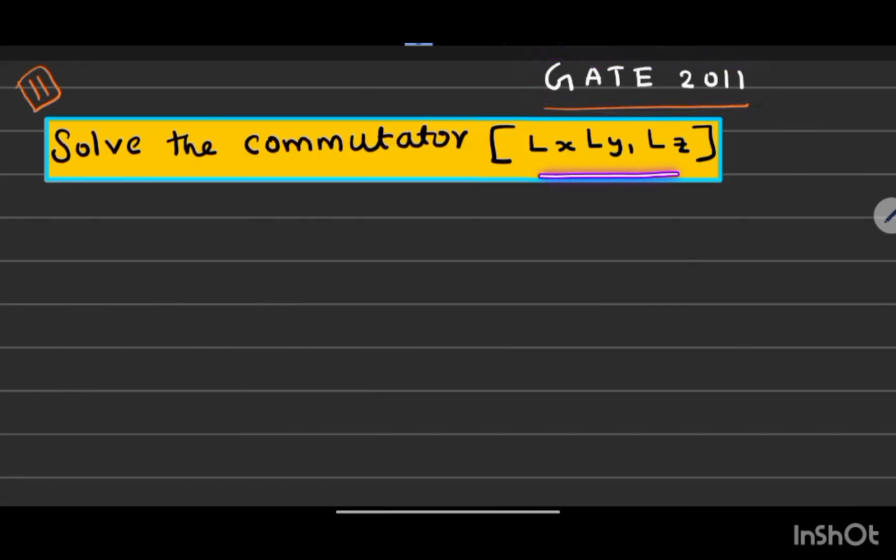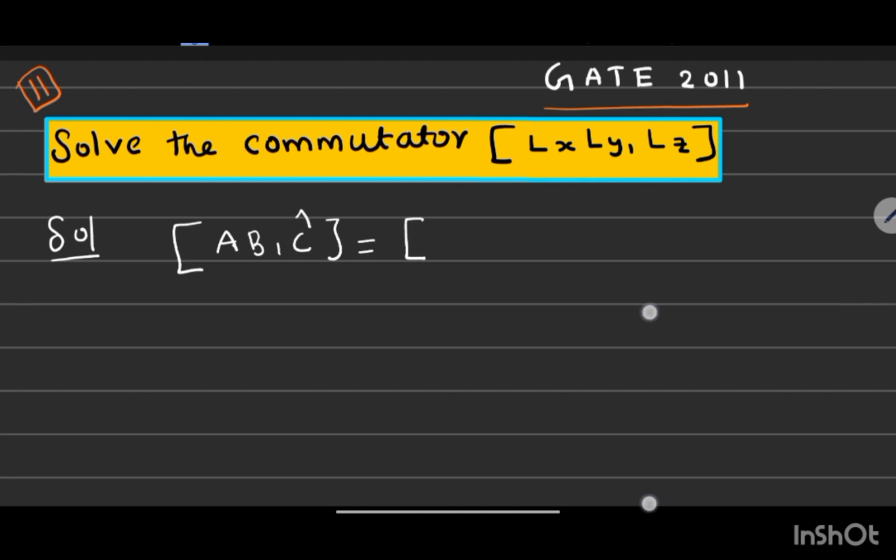Here you have a GATE 2011 question. You have to solve the commutation relation of Lx, Ly, Lz, where Lx, Ly, Lz are orbital angular momentum components. Let's solve this. We know the distributivity property of commutation relation. When you have a multiplication of two operators like this in the commutation relation, you can write it as AC times B plus A times BC.